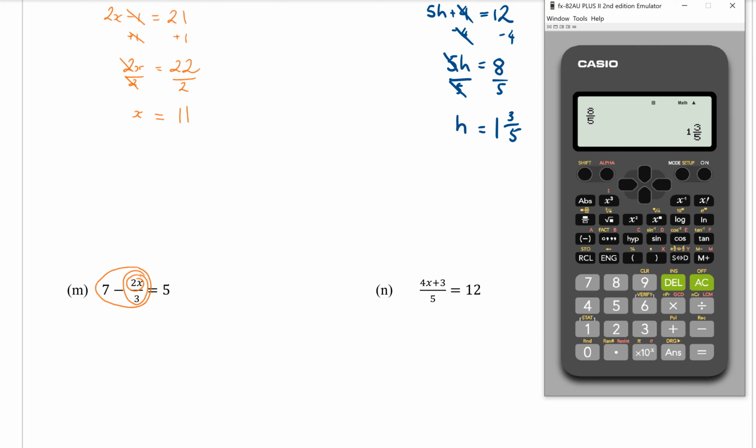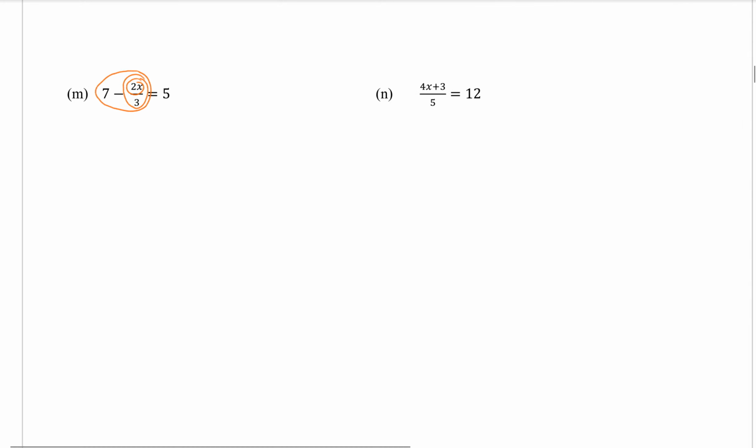All right, so continuing with M. My outer layer was the 7. Is the 7 positive or negative? Positive. It is positive. That minus sign actually belongs to the fraction after it. So the 7 actually has to be subtracted.